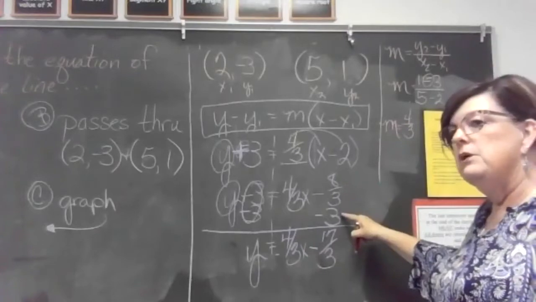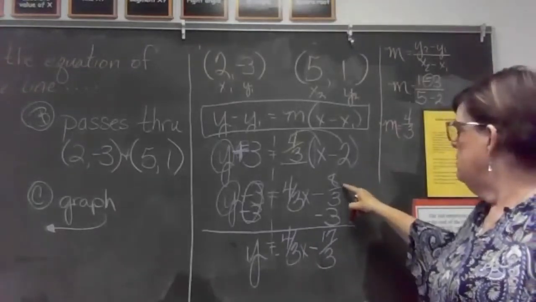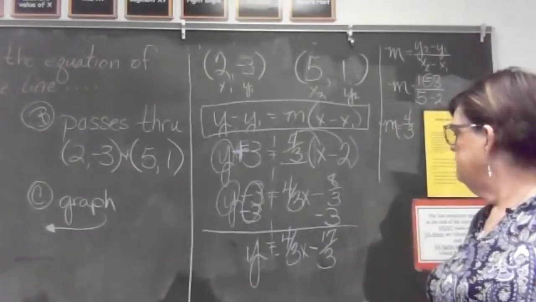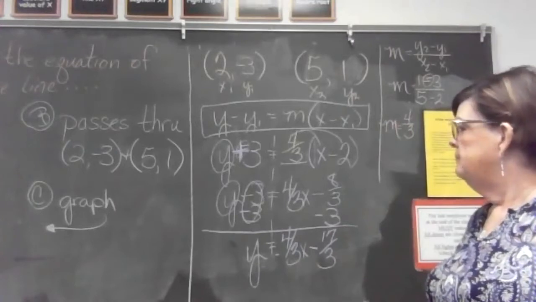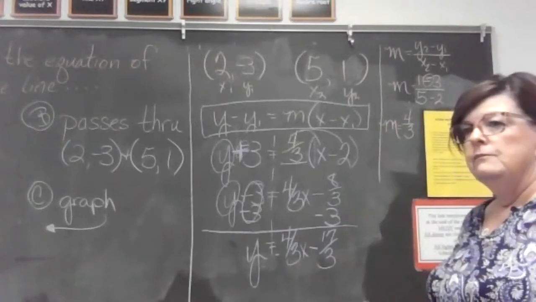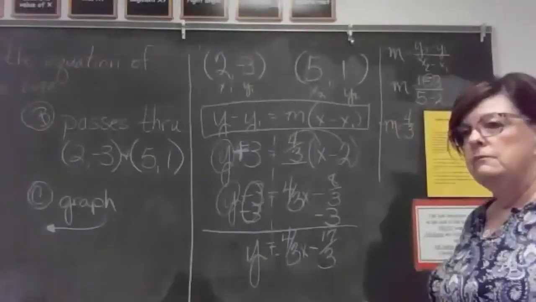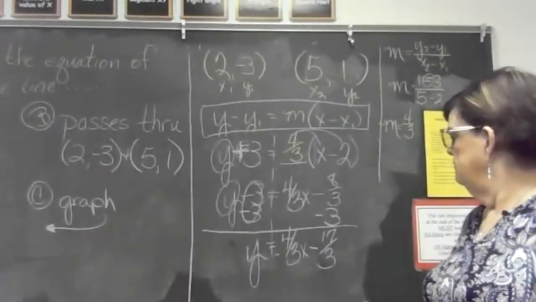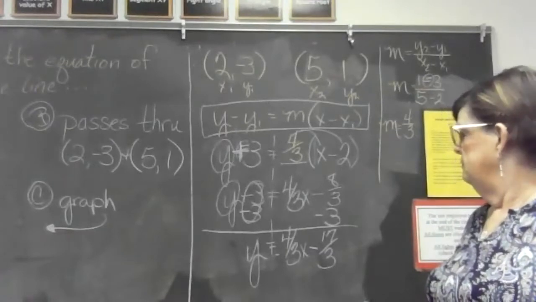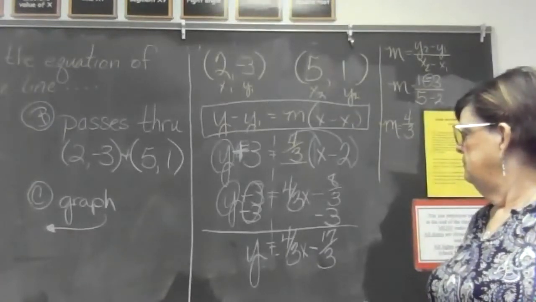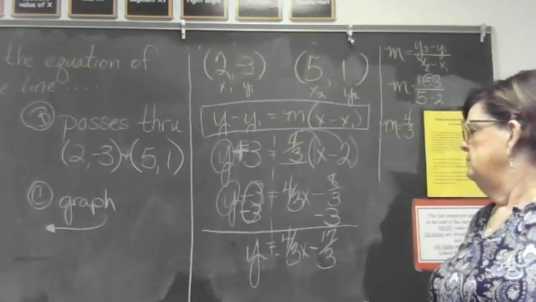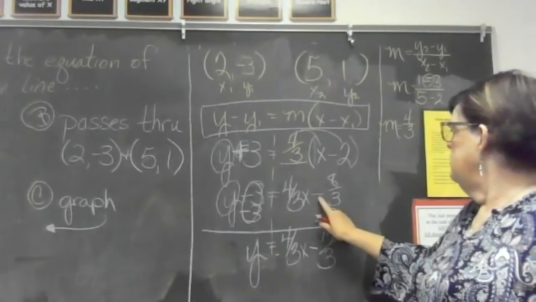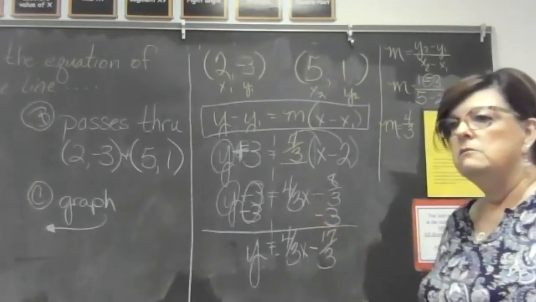Y'all with calculators, check it real quick. -8/3 minus 3. Equals -1/3. Did I do it right? Did you put -8/3 and minus? Oh, no. Yeah. Negative.